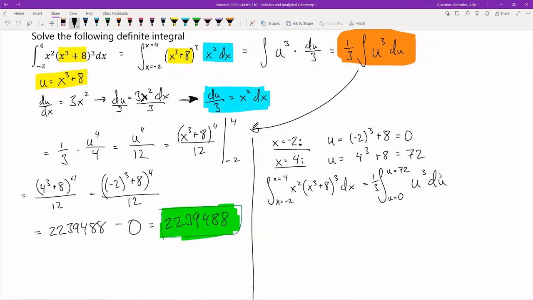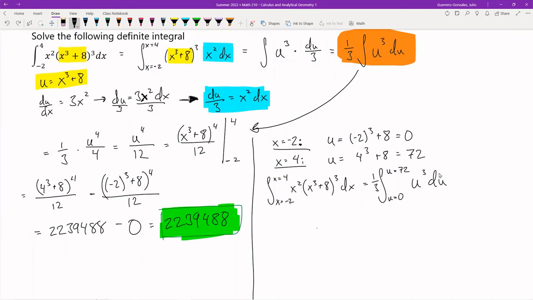So notice what happened, right? I did the substitutions for all of this stuff. That turned into this, right? And my limits of integration changed. I get to perform the integral as normal.